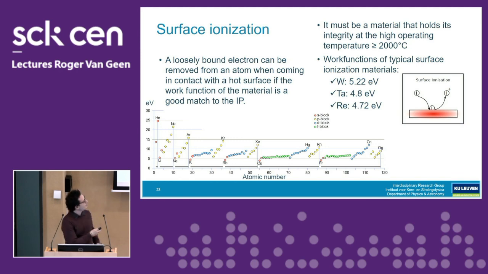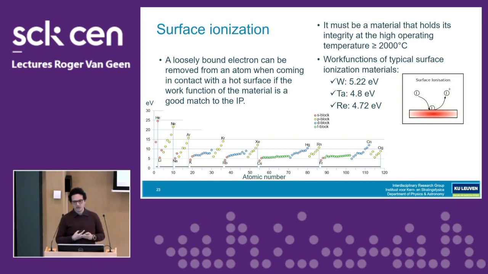The idea there is that upon contact with a hot surface, a loosely bound electron will be kept by the material and your species will come out as an ion. That will depend also on the match between the work function of your material and the ionization potential, or ionization energy, of the element that you're trying to ionize.